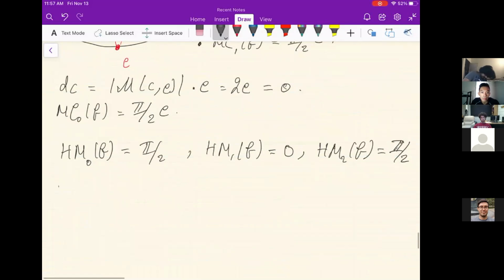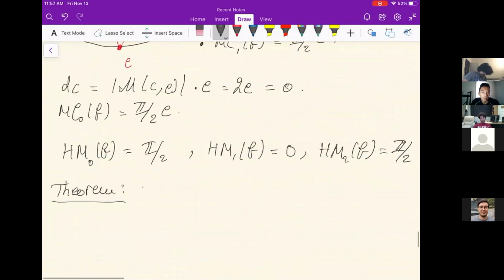And in fact, let me just state it as a theorem for clarification. The Morse homology given by a Morse function, here I'm thinking of it as a graded ring, writing it in all degrees, the direct sum of degrees, is actually the same as the singular homology, but with Z2 coefficients.